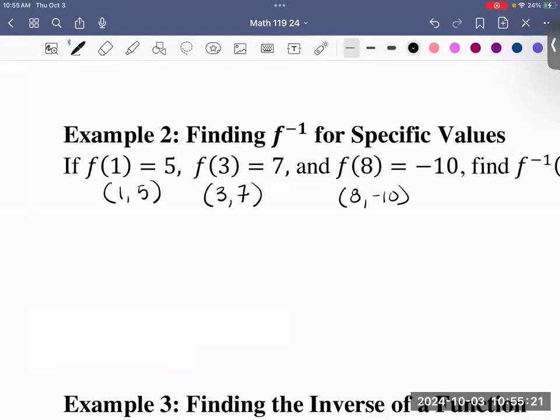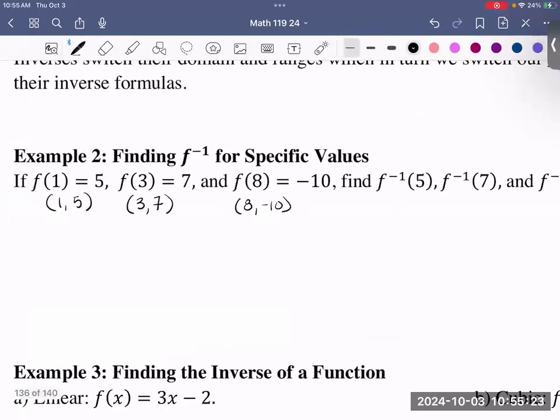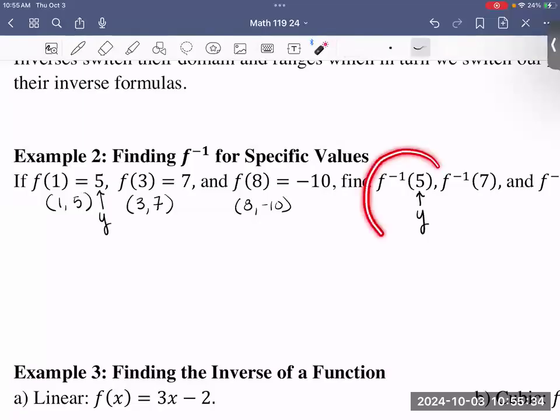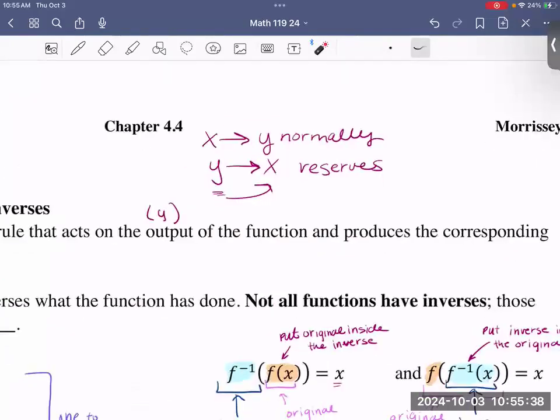If we were trying to find the inverse of 5, keep in mind, this is your y value. Therefore, if we're trying to find the inverse of 5, we said that we're going to go in the reverse. We have your y now. We want to find your x. What does it map to your x?